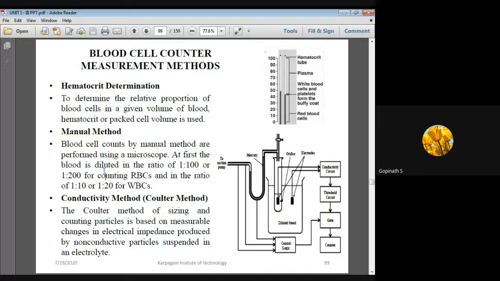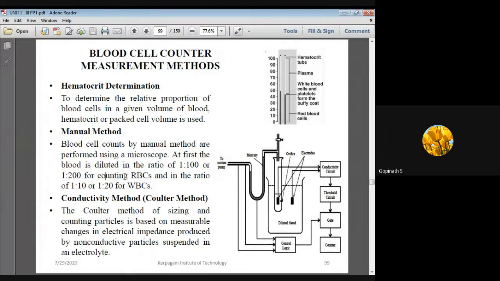And today we are going to look at the third and fourth method, that is the conductivity method. So how are we going to measure the conductance of the blood, a blood fluid in a solution called electrolyte? This method was invented by Dr. Coulter.